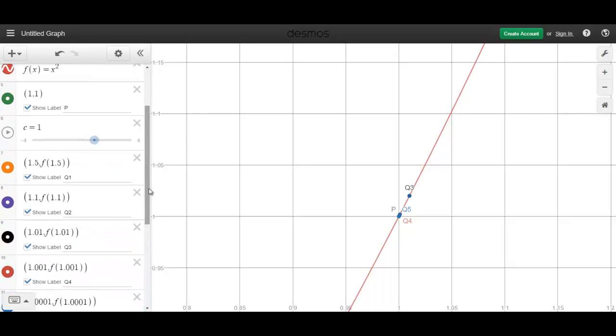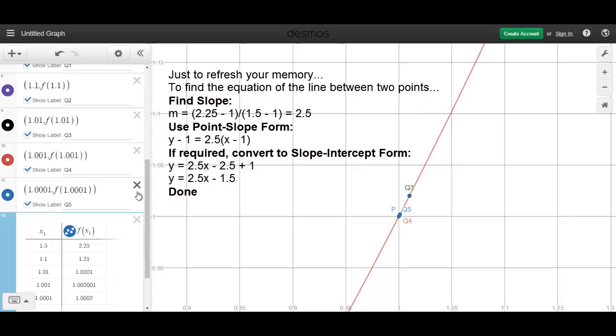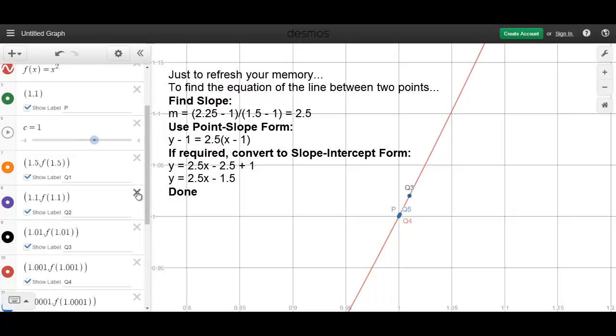Let me see real fast. I have a program I wrote in my calculator not too long ago. So 1, comma 1, and 1.5, comma 2.25.